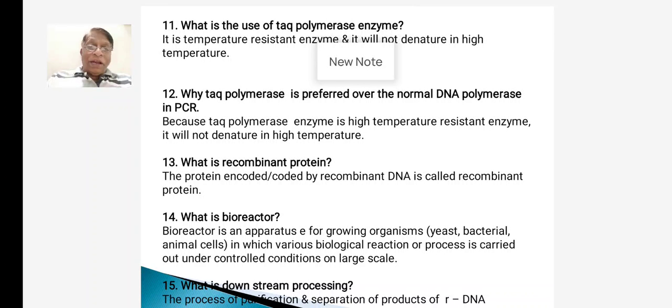Bioreactor is an apparatus for growing organisms like yeast, bacteria, animal cells, in which the various biochemical or biological reactions take place, or the process is carried out under controlled conditions on a large or industrial scale. Okay, very important question.